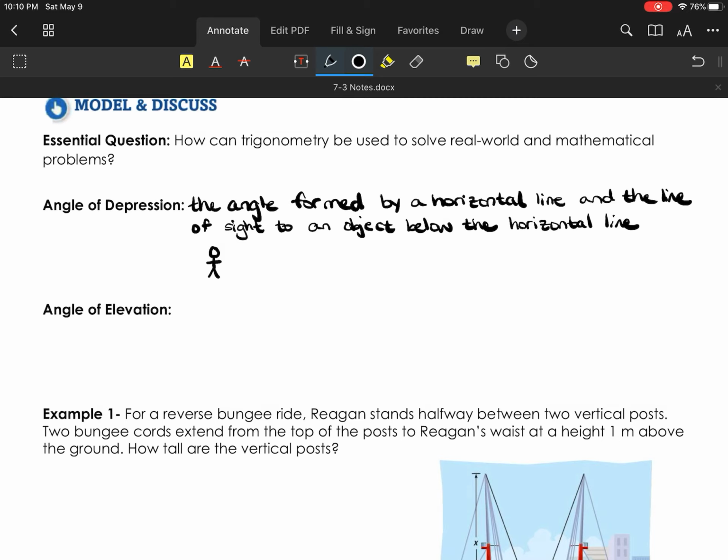So, kind of a tricky definition, but basically what this is saying is, for example, sometimes you'll see these in terms of where someone's looking. You'll have someone here looking, and here's the horizontal line that's parallel to the ground.